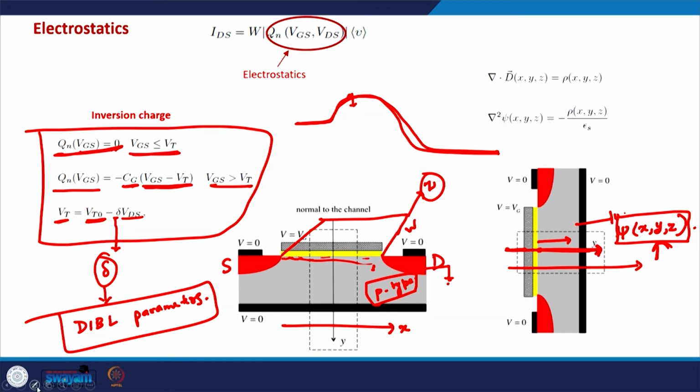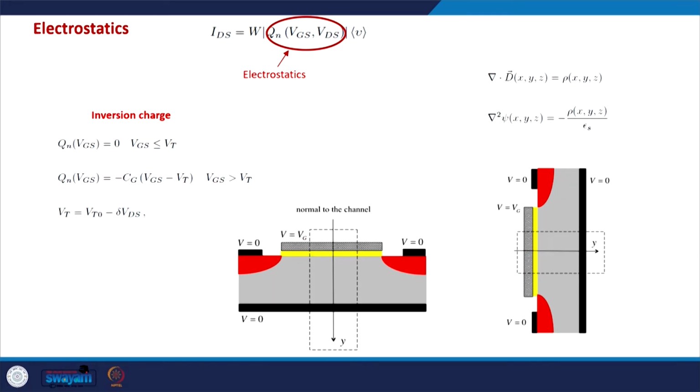Generally in MOSFET electrostatics, we first try to understand the electrostatics of this part of the device, which is the device without the source and the drain contacts.